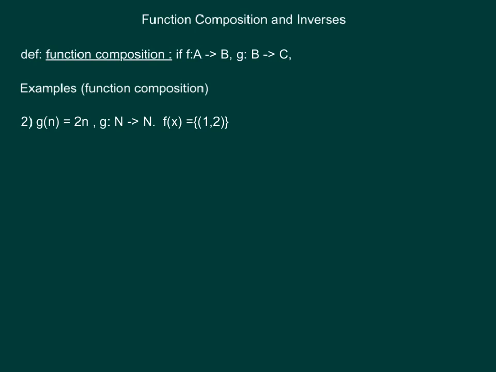So g of f of 1 would be g of f of 1. f takes 1 and maps it to 2, so that's g of 2, which is equal to 4. We can compare this to f of g of 1, which is f of, and g of 1 takes 1 and multiplies by 2, so that's 2. And here, f does not define anything for 2, so this is undefined.